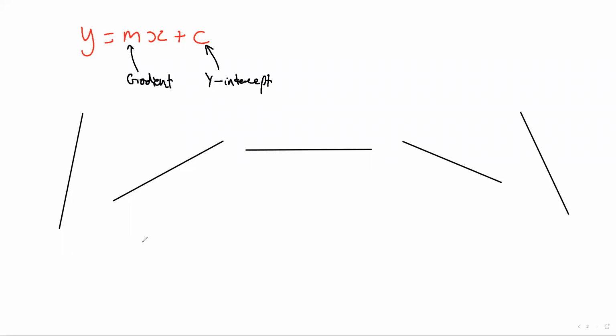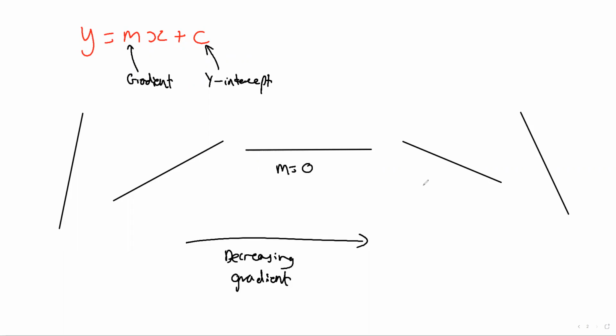So I can say this is a decreasing gradient. And here m would be 0, and here m would be below 0, here m would be above 0.